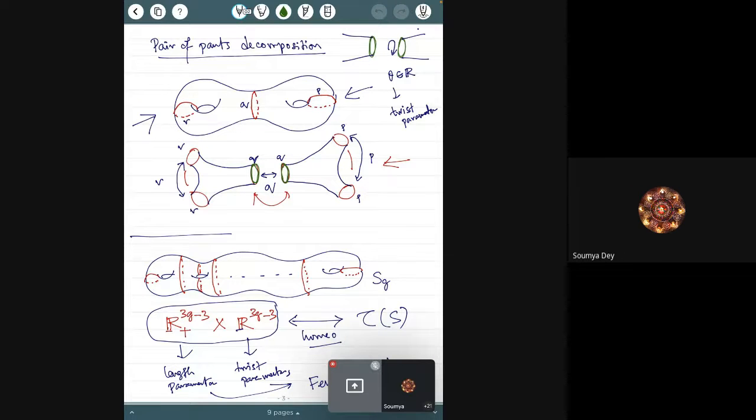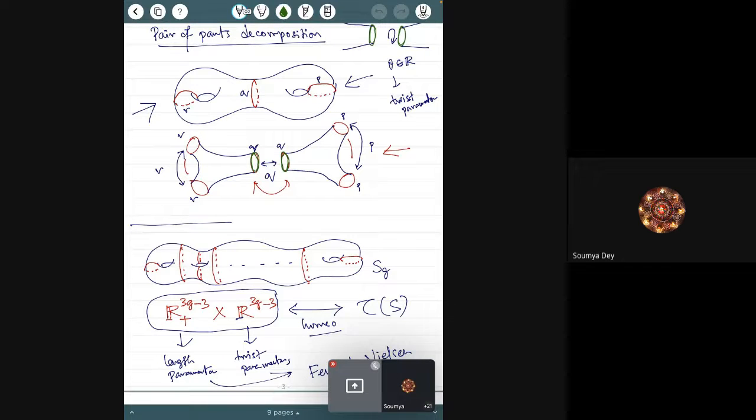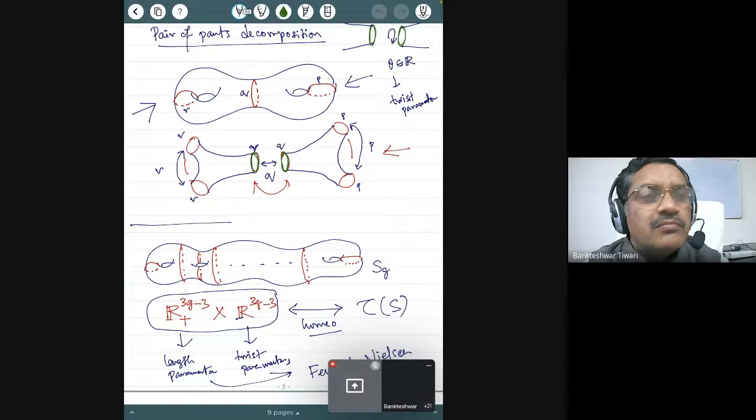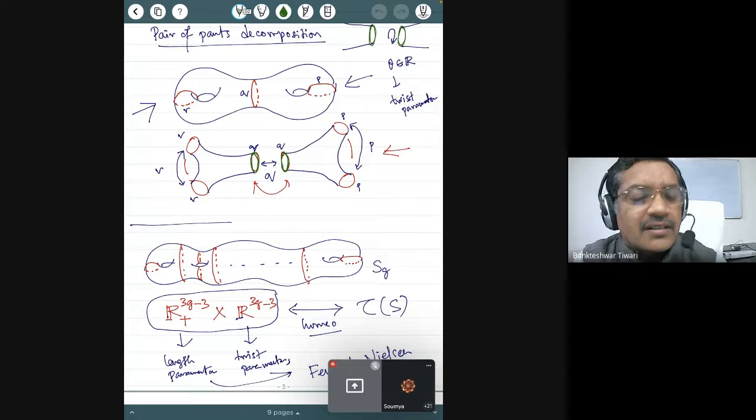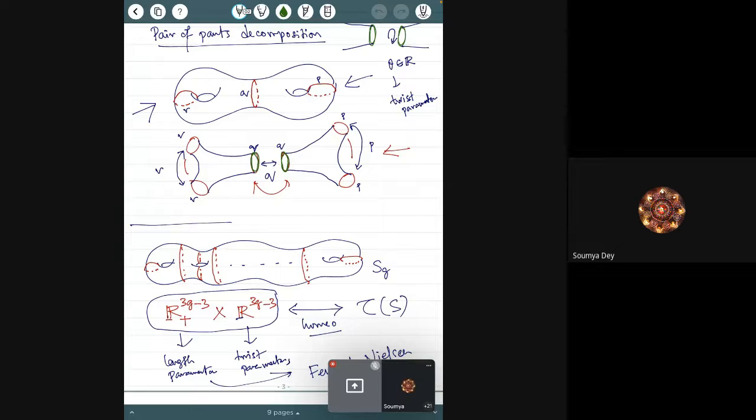So any such surface, we had seen that it has some pair of pants decomposition, right? If you remember, the number of curves on your surface is 3g minus 3. But in case of the torus, it doesn't have such a pants decomposition.